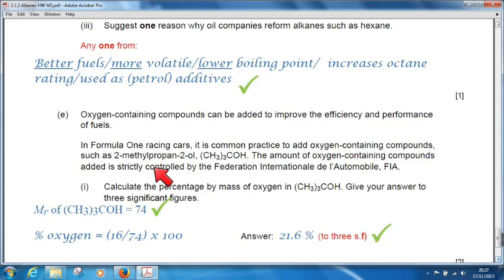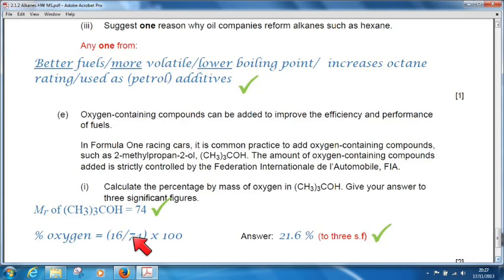A bit of maths in the next question now. We're asked to calculate the percentage by mass of oxygen in this compound over here. Give your answer to 3 significant figures. 1 mark is for calculating the correct relative molecular mass of the compound, which is adding 3 methyl groups plus a carbon plus an OH. So you have over here 3 methyls of 45 plus the 12 plus the 17 for the OH will give you 74.